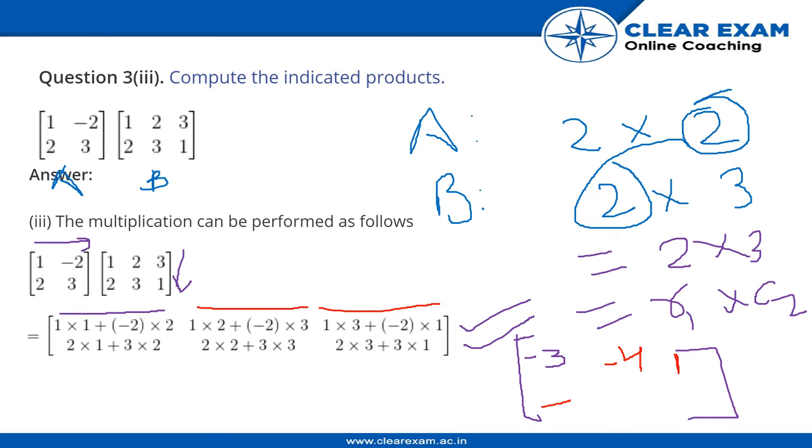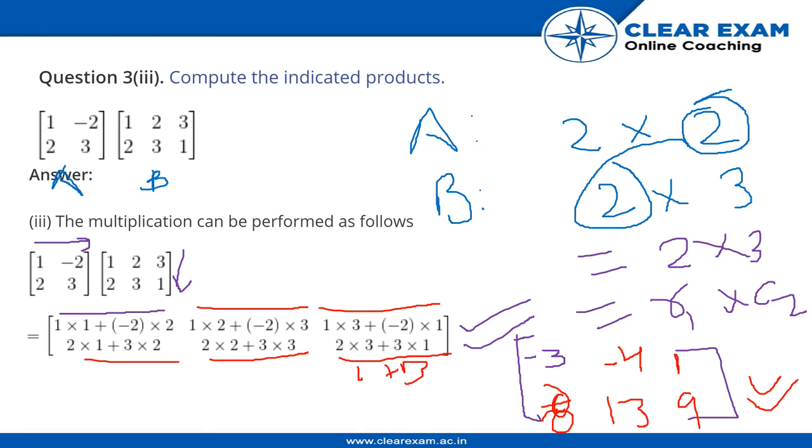Fourth element will be 2 into 1 plus 3 into 2. That makes it 8. And the fifth element is 2 into 2 plus 3 into 3. That makes it 3 3s are 9 plus 2 2s are 4, that makes it 13. And lastly, our last element is 6 plus 3 4s, that makes it 9. So our resultant matrix looks like this.